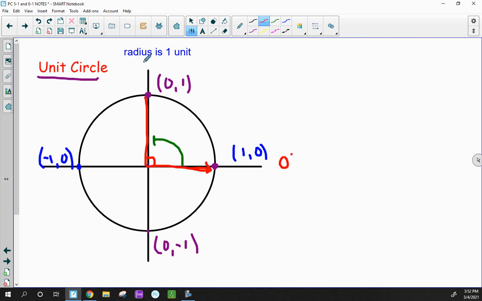So at the top of the unit circle, this is 90 degrees. From here all the way, from 1, 0 all the way over to negative 1, 0, that angle is 180 degrees.